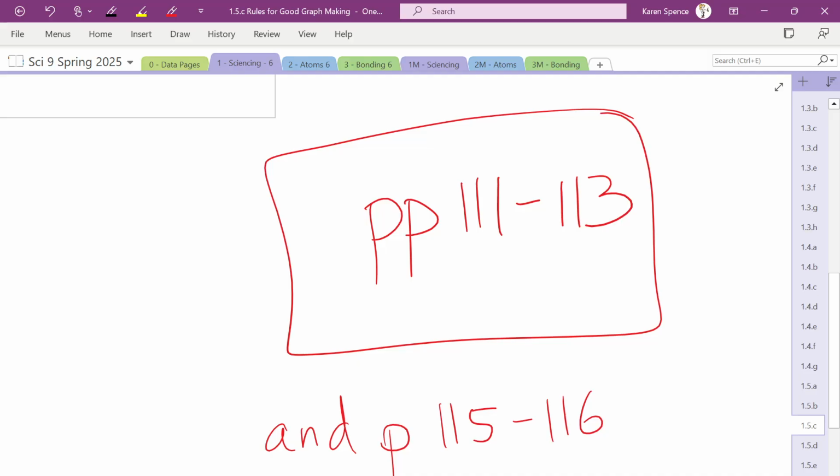Yeah, I saw. It's always going to be left to right. Yeah, so independent, so it's right. Yeah. What's dependent is the one that responds.